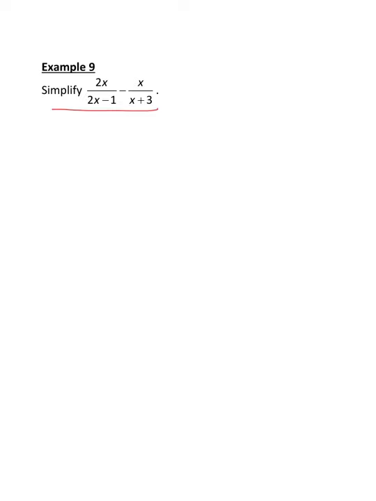But when we observe these two denominators, actually, they have nothing in common, and there are no factorizations we can do for these two denominators. So what we can do is simply expand these two fractions by multiplying by the opposite denominators.